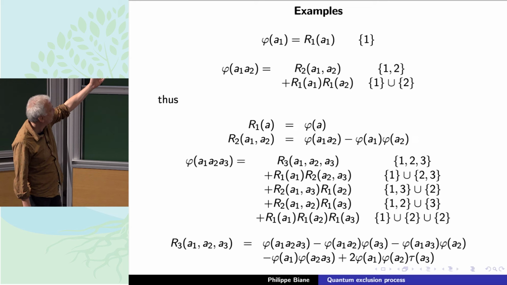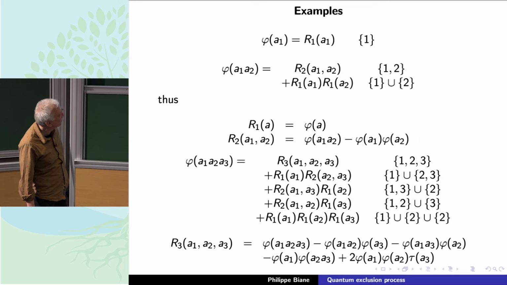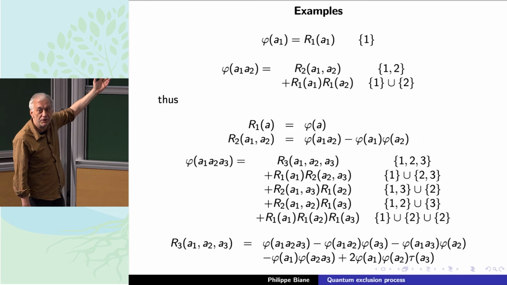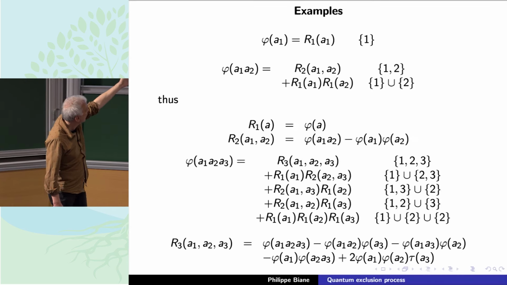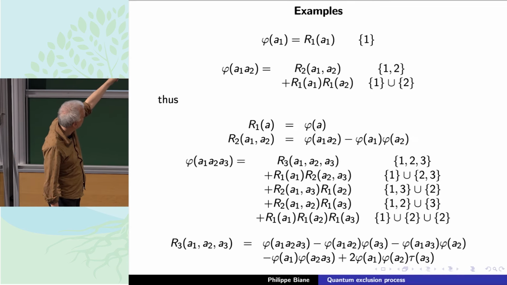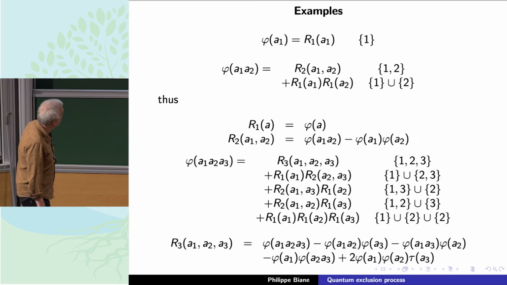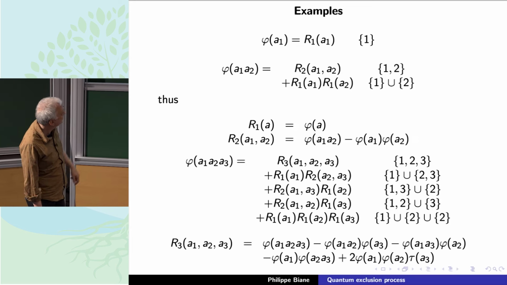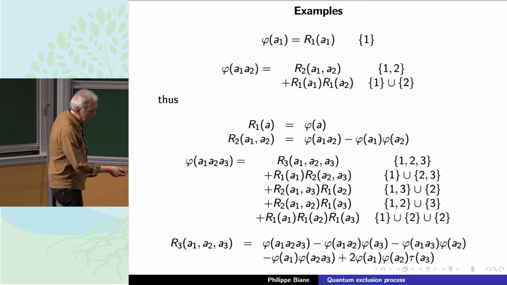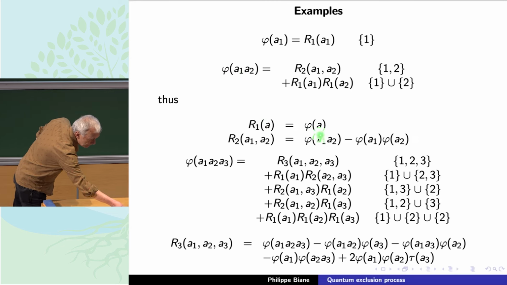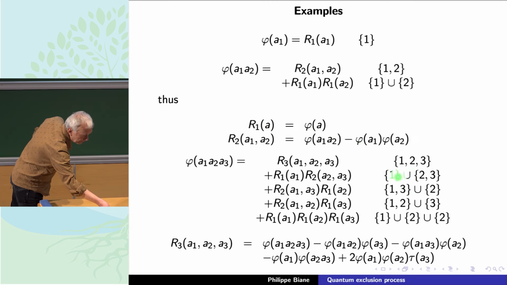When you look at partitions of 3 elements, you have more terms. There are 5 partitions, and for each of them I wrote the partition on the right, and the corresponding term R pi on the left. For example, for the partition 1 and 2, 3, I get a term R1 of A1 times R2 of A2, A3.